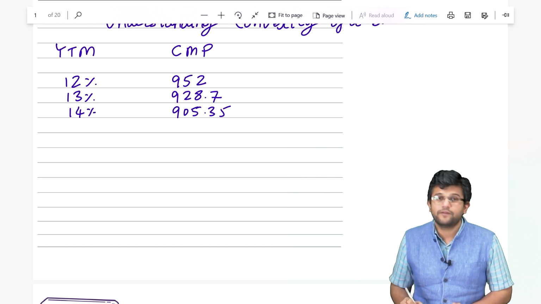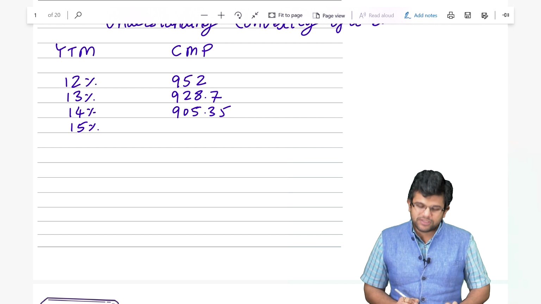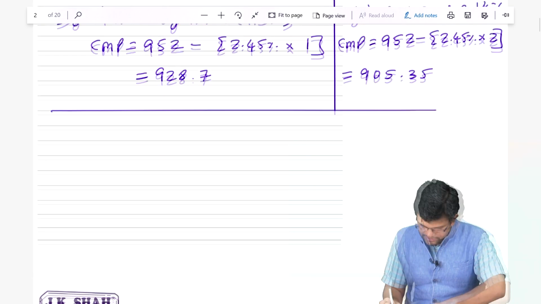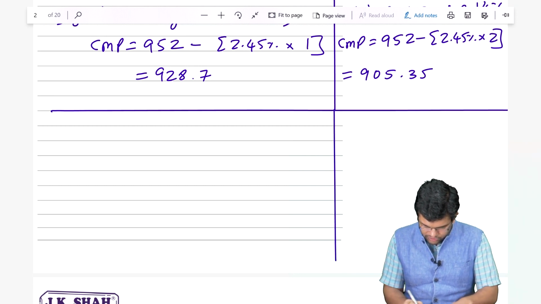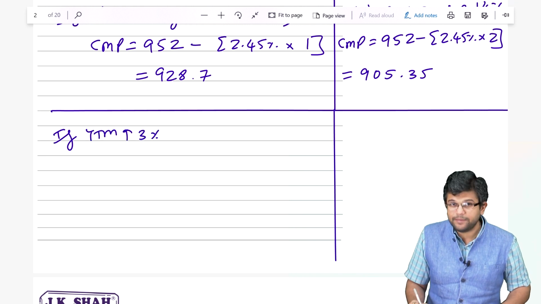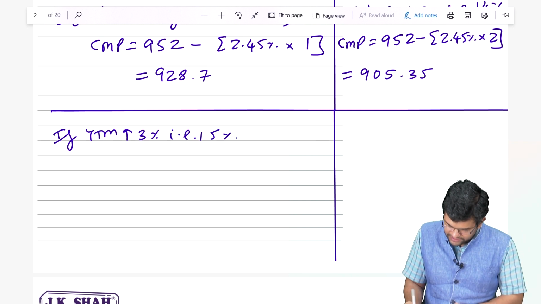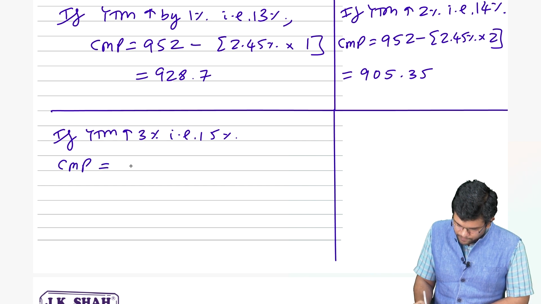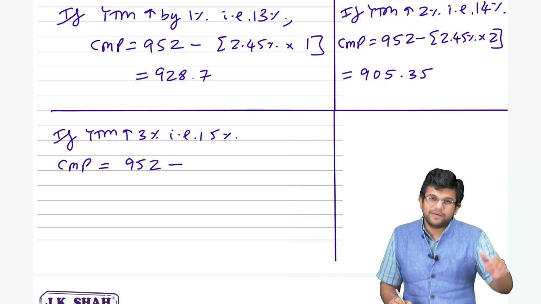I'll write down here 905.35. Children, moving on, what if YTM goes up to 15%? I'll just make the bifurcations here. If YTM increases by 3%, from 12% to 15%, according to the derivative, the current market price should be 952 and it should drop by 2.45% 3 times.